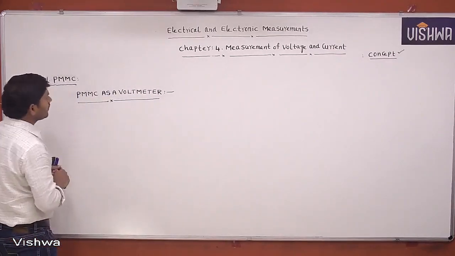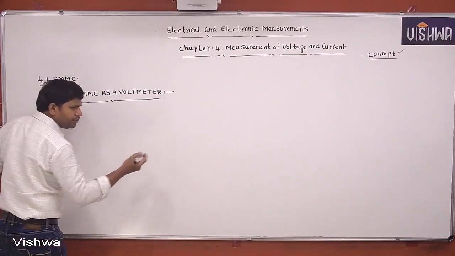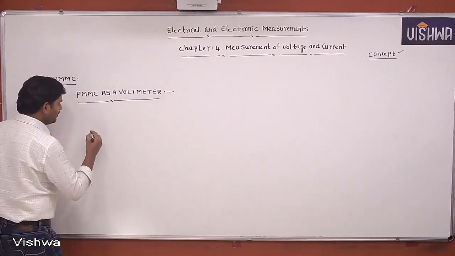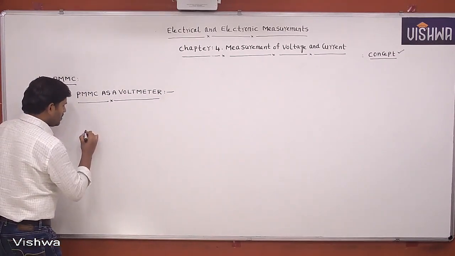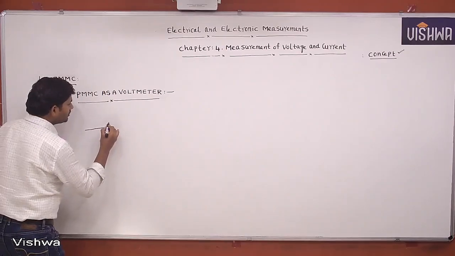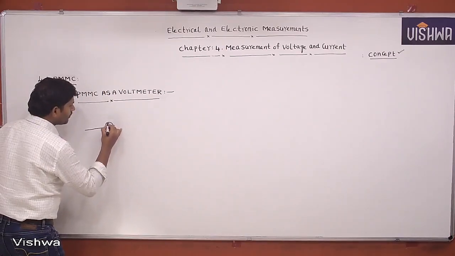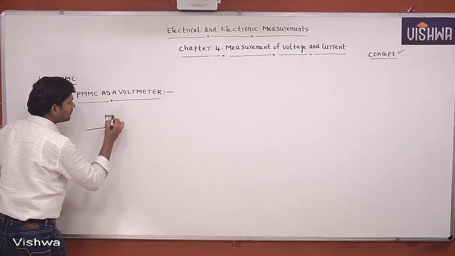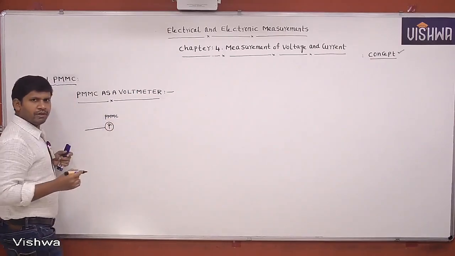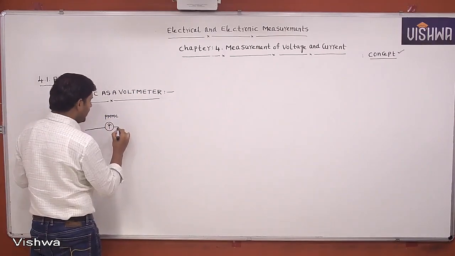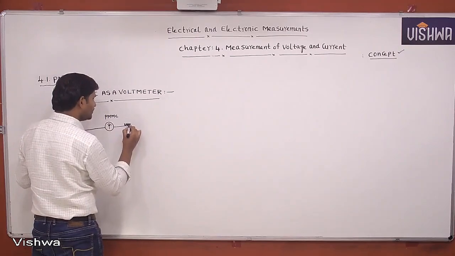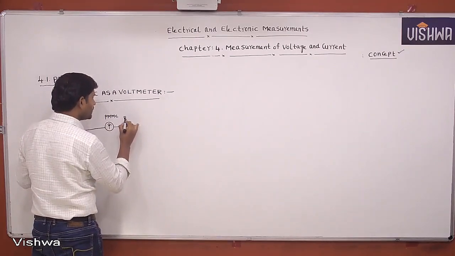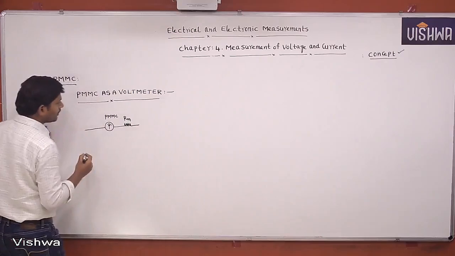Let this be the PMMC instrument representation without any modification. This is the PMMC meter movement. The meter resistance is Rm.